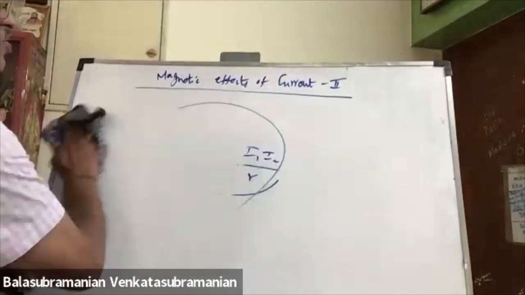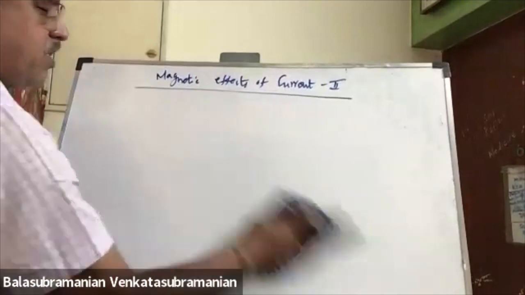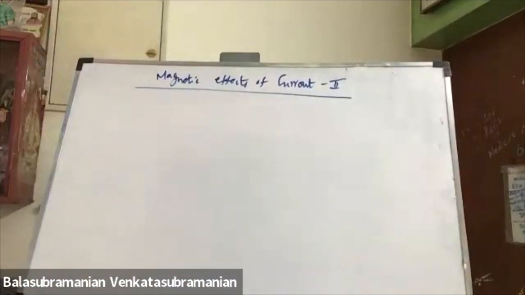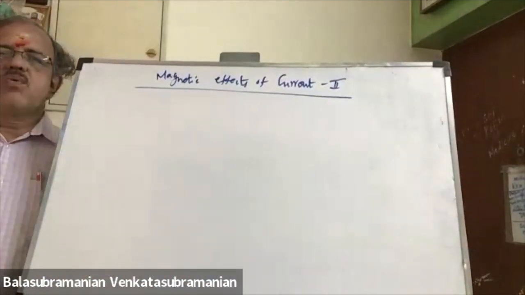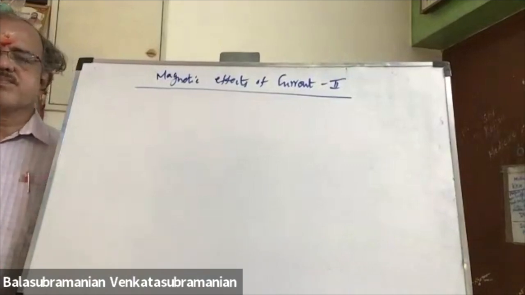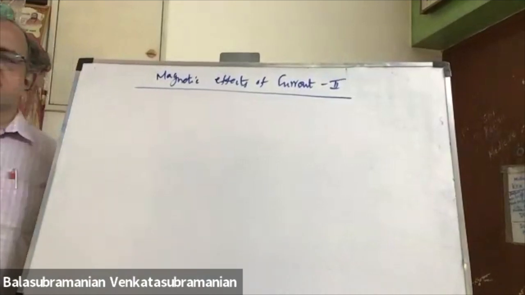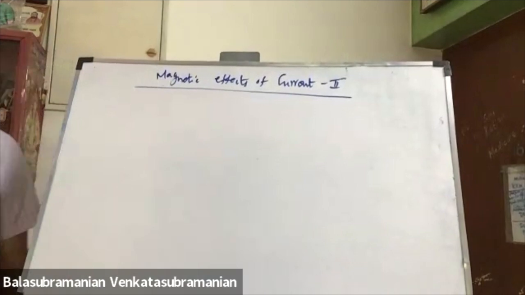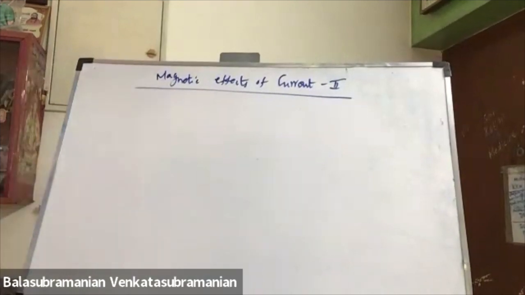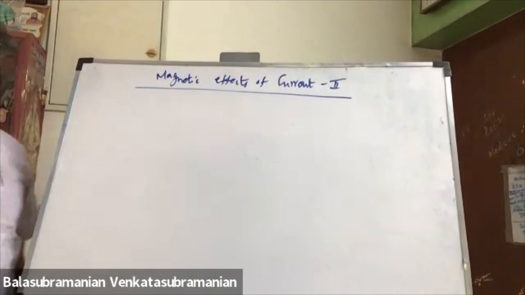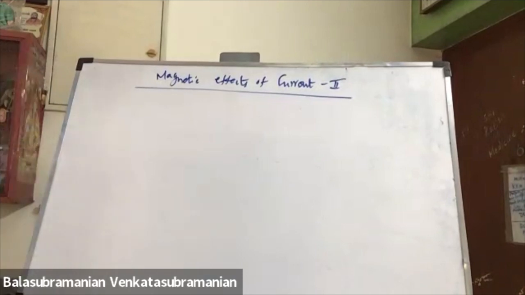Based on this, we are going to define what is called the ampere. What is the ampere? Ampere definition: mu naught by 2 pi I1 I2 by R. That's okay, no problem.